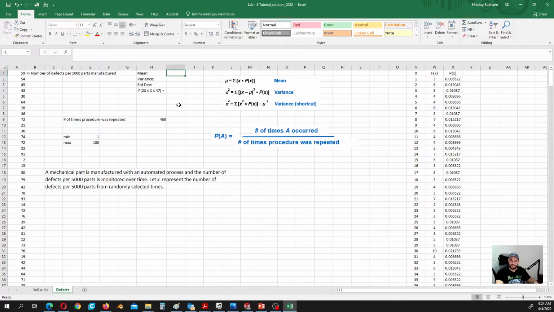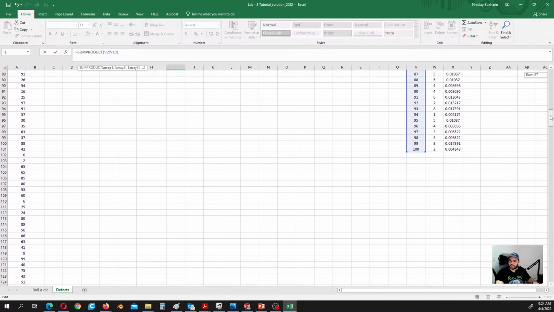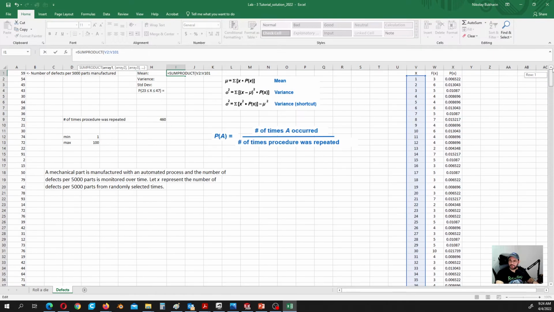Okay, so mean, we are going to use the formula for mean. So again, we will use SUMPRODUCT, and those are our x's. So those are V2 to V101. We can check that if you're selecting everything. So see, it's 100, perfect.